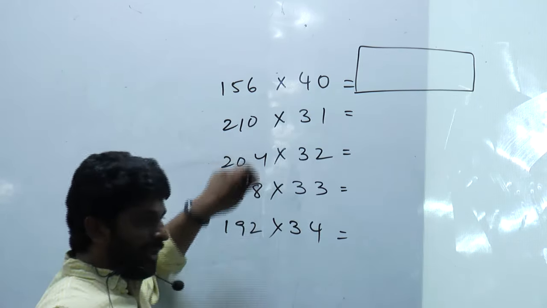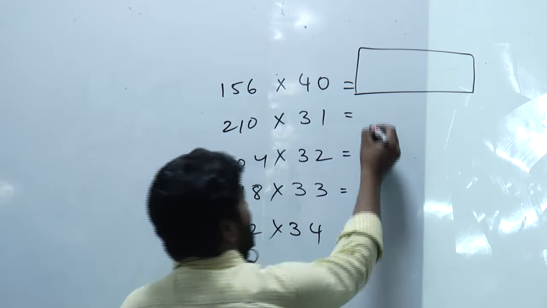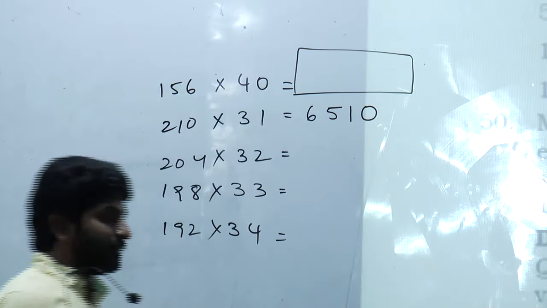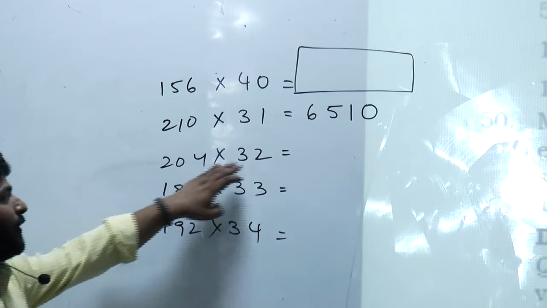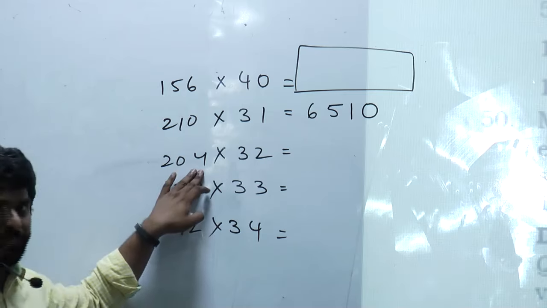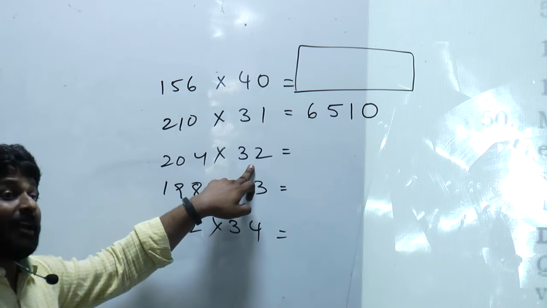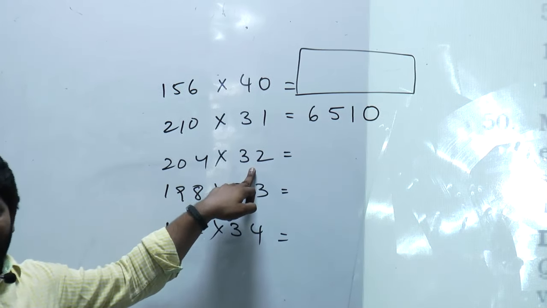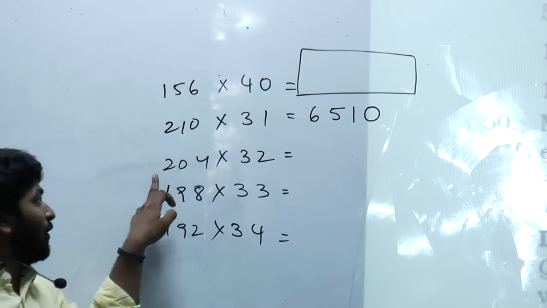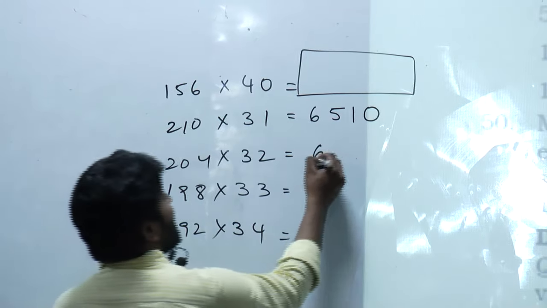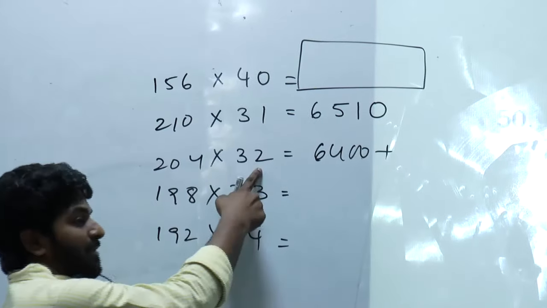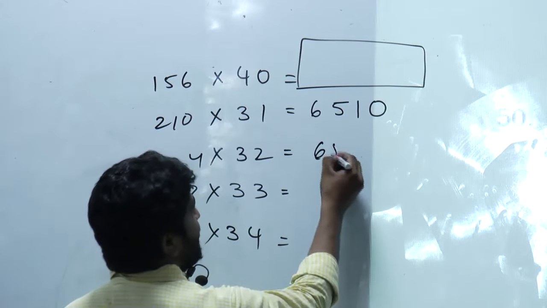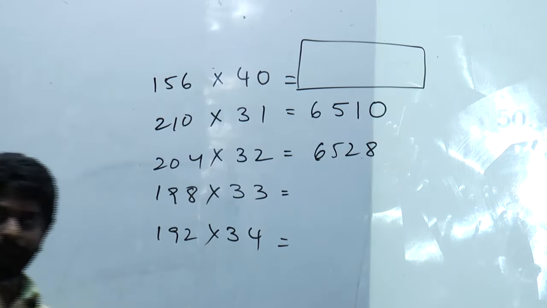And then one more time, 31. 620 plus 31 is 651, and then a 0. 204 into 32. 200 times plus 4 times. 100 times of this number is 3200. 200 times is 6400, plus 4 times. 4 times of this number is 128. Total it is 6528.